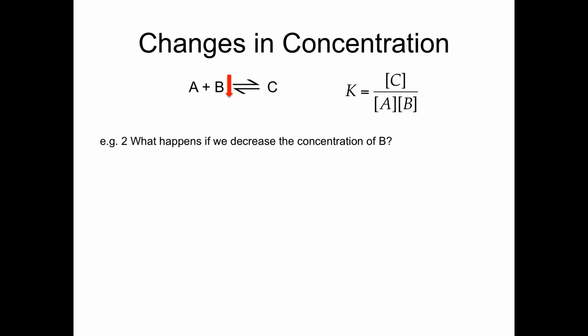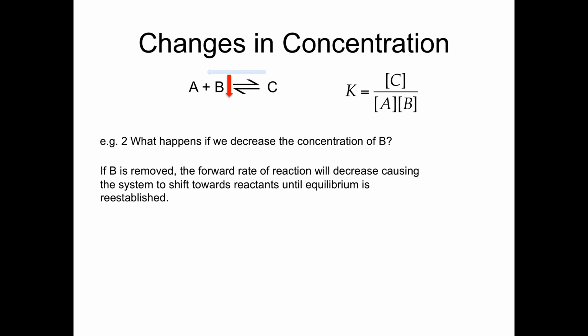So now, rather than speeding one of the reactions up, we've actually slowed one of the reactions down. If we slow down the forward reaction, that means the backwards reaction will be faster than the forward reaction. And so this is going to cause a shift backwards towards the reactants. And it'll keep shifting backwards until we reach equilibrium again.